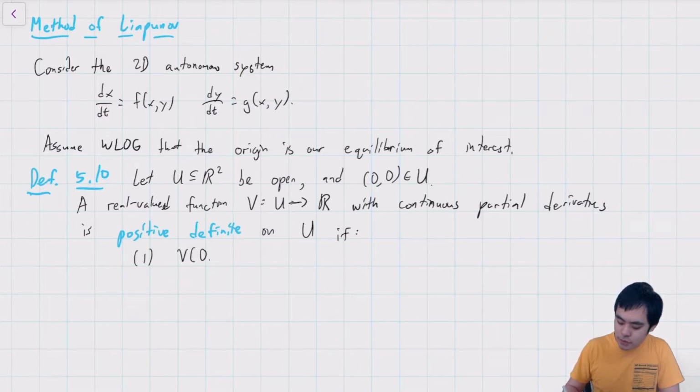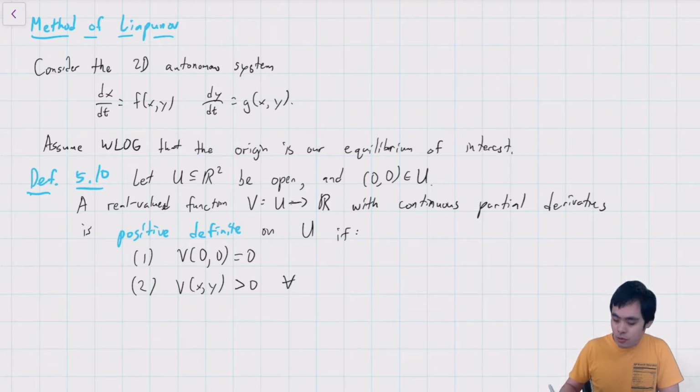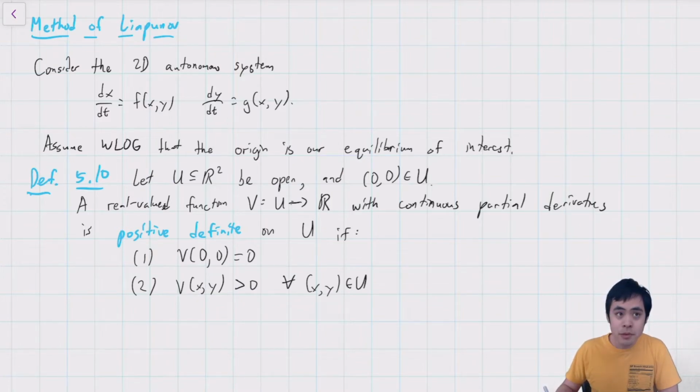So V of (0, 0) is equal to 0, and V of (x, y) is greater than 0 for all (x, y) in U except (0, 0), obviously.